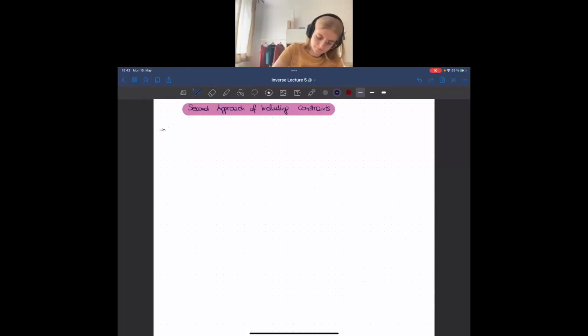So when we said there is a first approach of including constraints, then of course there's a second approach of including constraints. And this is using Lagrangian multipliers. Okay, step one.